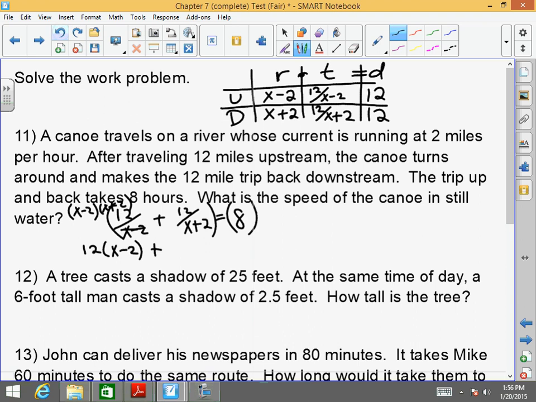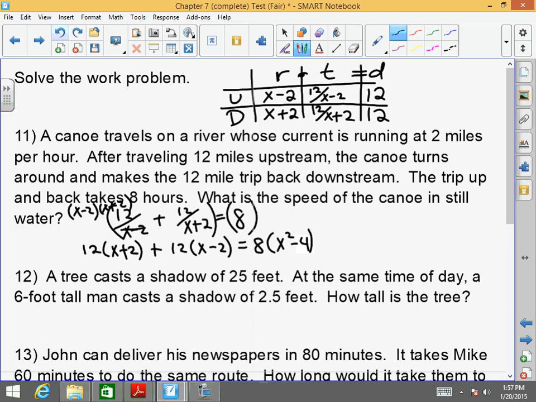Okay, the x minus 2 cancels, so I'm left with 12 times x plus 2. Here the x plus 2's cancel, so I'm left with 12 times x minus 2. And then here, it's going to be 8 times x squared minus 4. Why? Because I know that x plus 2 times x minus 2, when you multiply them together, gives me x squared minus 4.